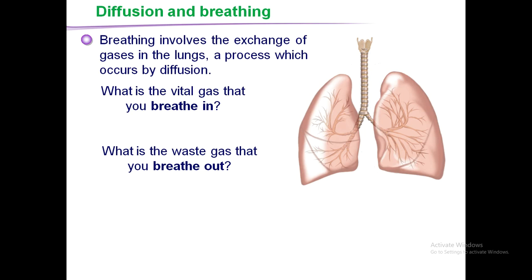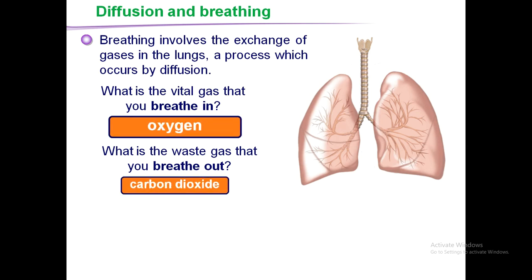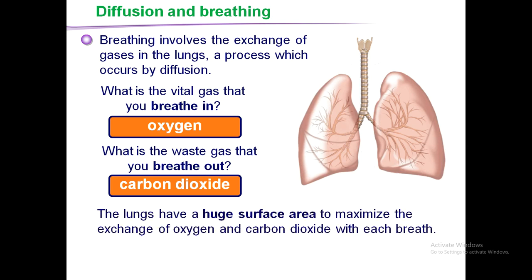The oxygen diffuses from the alveoli into the blood, and then the blood transports it all over the body. Like that, the blood vessels contain carbon dioxide in high concentration, but carbon dioxide is in low concentration in the alveoli. So carbon dioxide will diffuse into the alveoli from the blood, and we expire that carbon dioxide.